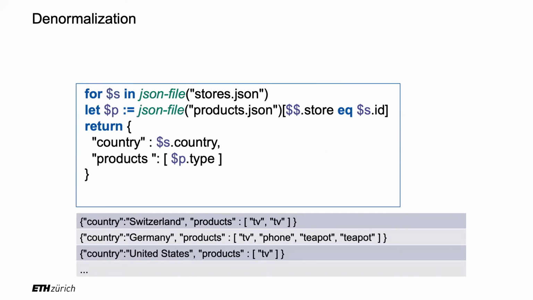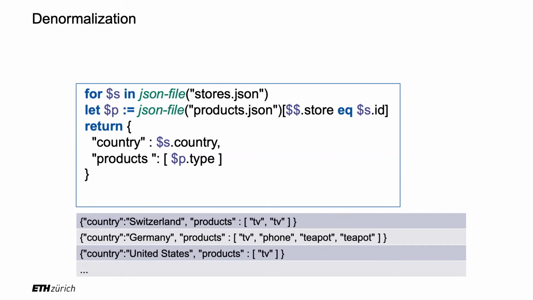Denormalization, well, technically that's not part of the relational algebra, but I wanted to show that to you. Imagine that you have these two data sets and you want to merge them into the same data set, which would also, of course, be denormalized then. So what you want to do is nest the products within the stores.